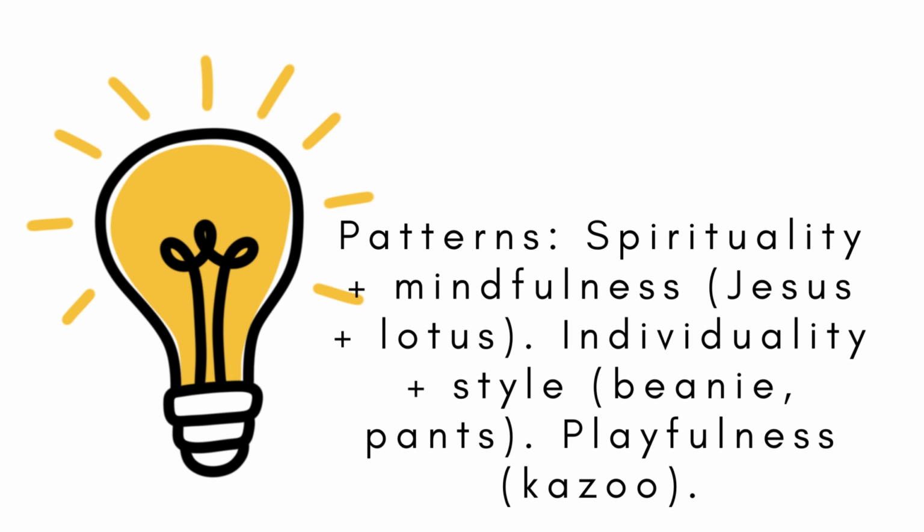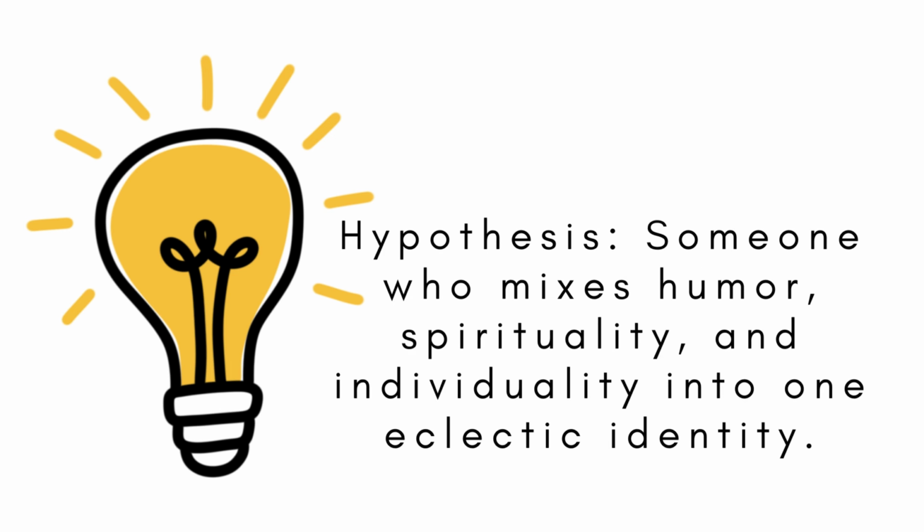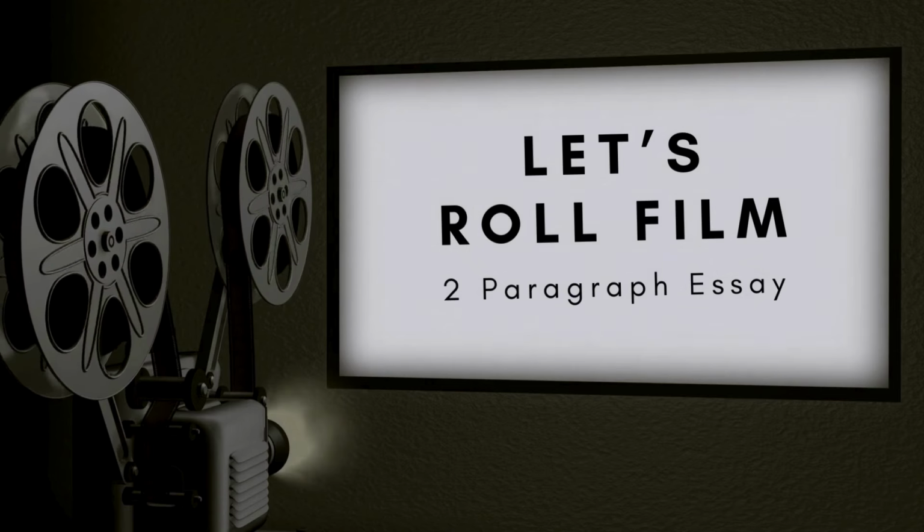I noticed some contradictions: the religious symbolism versus the counterculture hippie style. So it suggests to me that this person has a layer of paradox at their core. So my hypothesis is that this is someone who mixes humor, spirituality, and individuality into one eclectic identity.